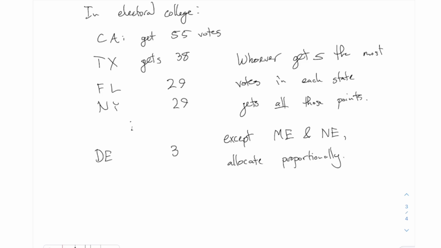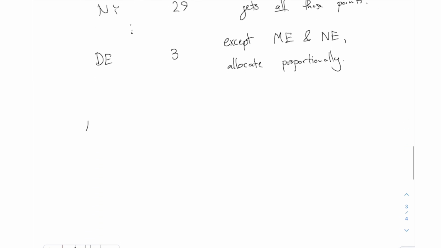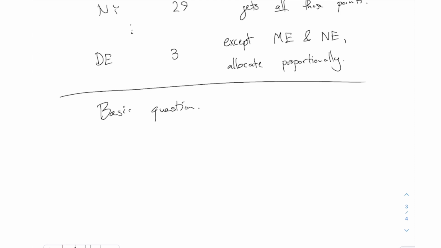Let's talk about weighted voting systems in general. A basic question that we're going to be asking in weighted voting systems: how do we judge who has what amount of power in a weighted voting system?